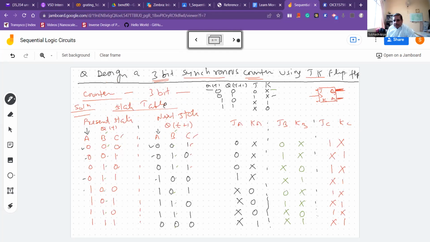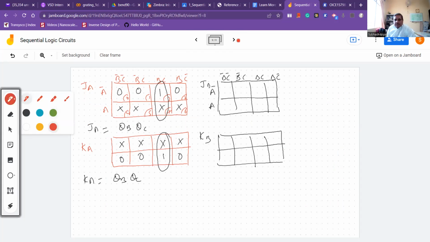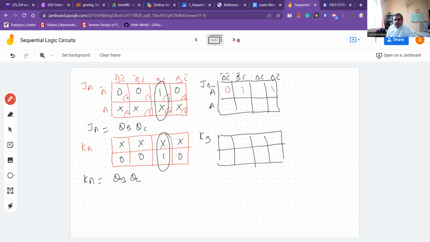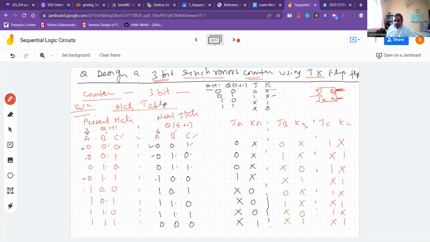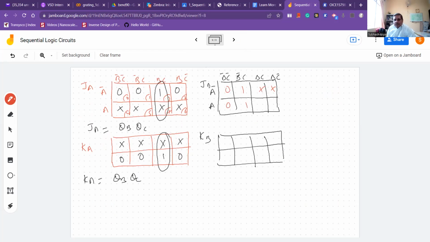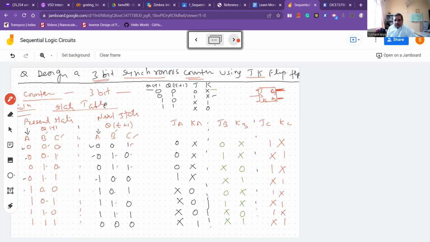You can see here 0, 1, cross, cross. Next is 0, 1, cross, cross. Next is 0, 1, cross, cross. Okay, 0, 1, cross, cross. This is JB.